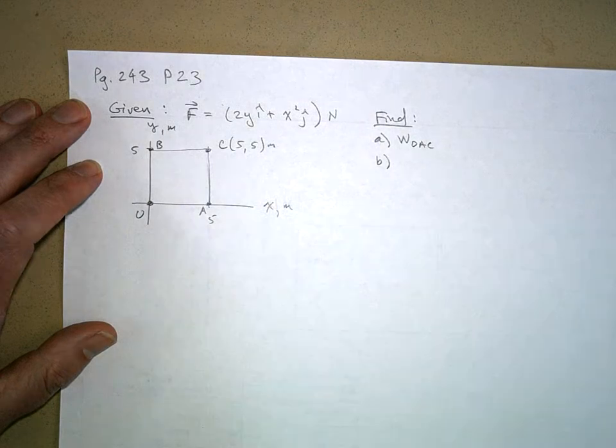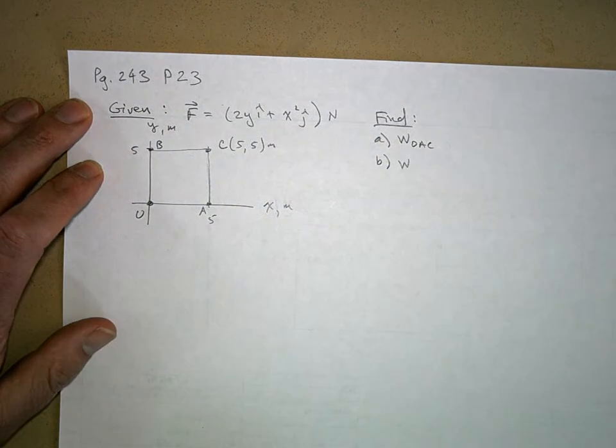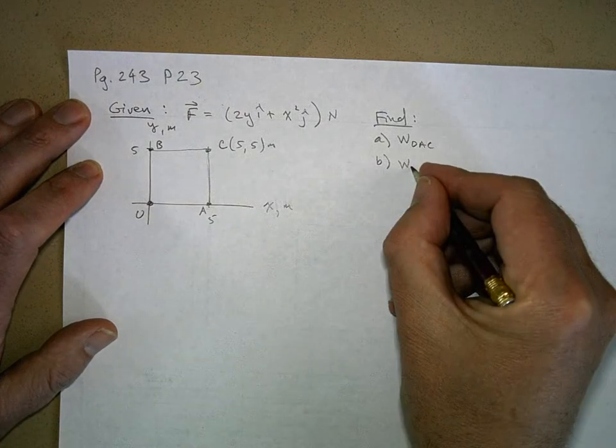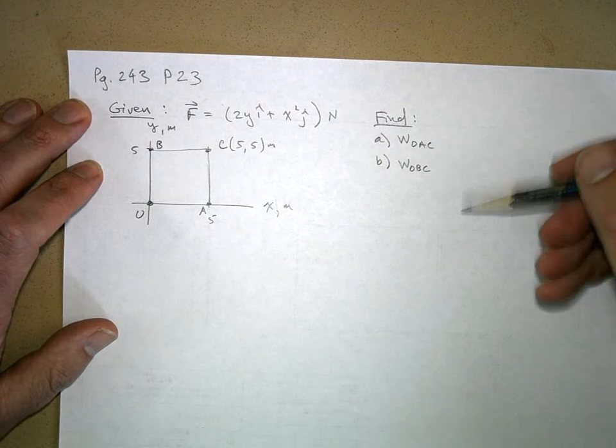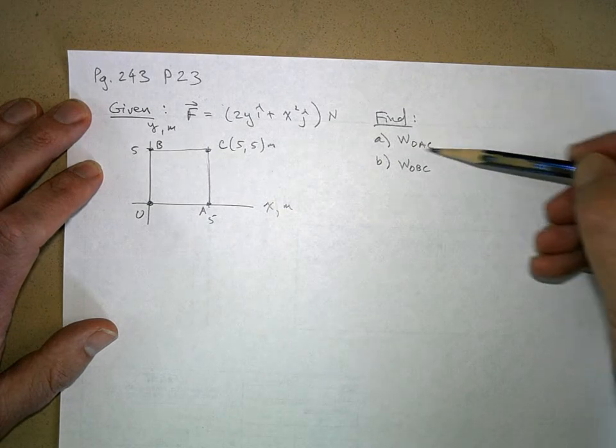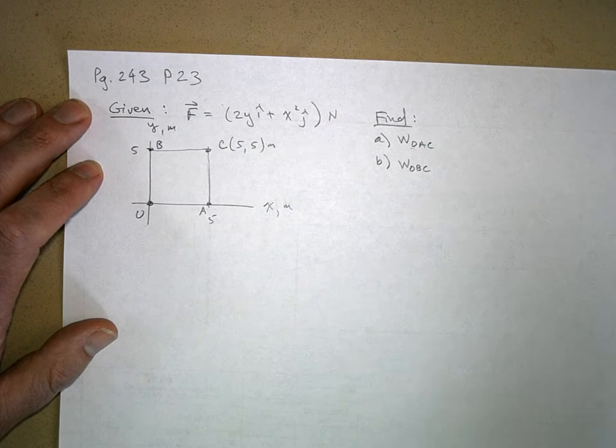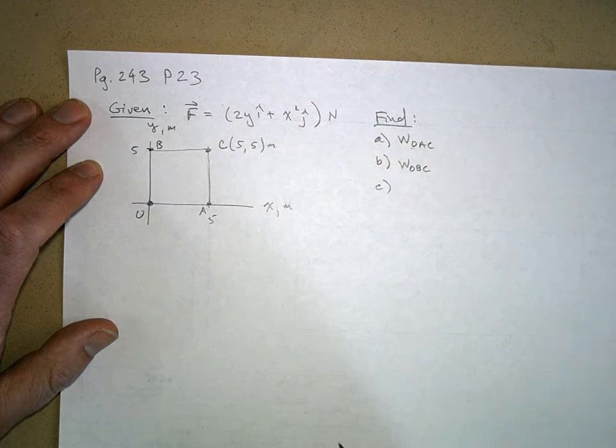And then for part B, we want to know how much work was done if you follow the path OBC, I believe, right? And I make up subscripts, okay? Work OAC, that's just a shortcut way of writing it.